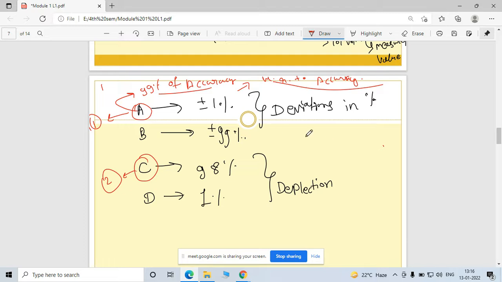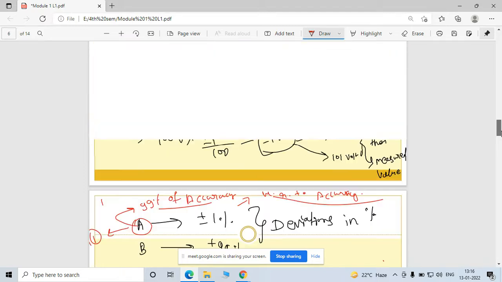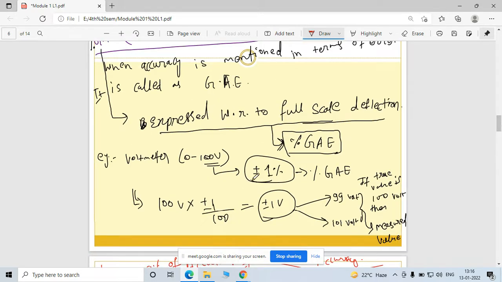So this is a basic difference. If I express plus minus 1%, it means your meter has 99% accuracy. If you measure 100 volt, you will get either 99 volt or 101 volt. So you see, plus minus is defined here.